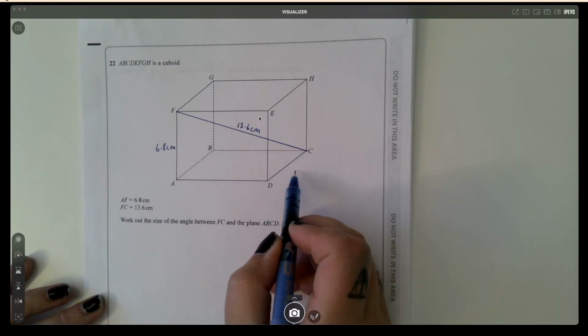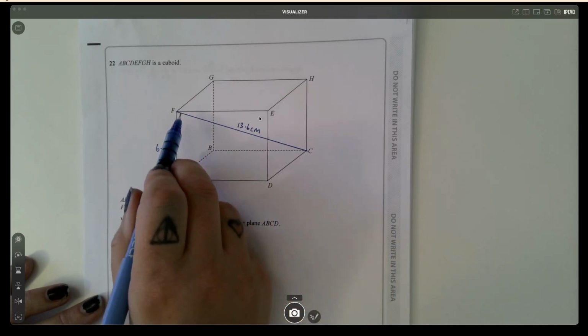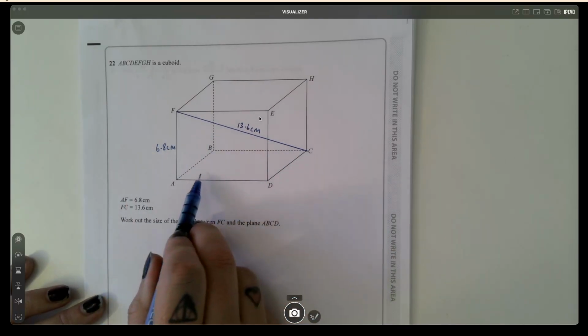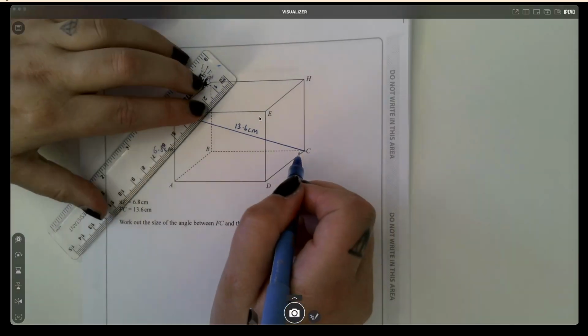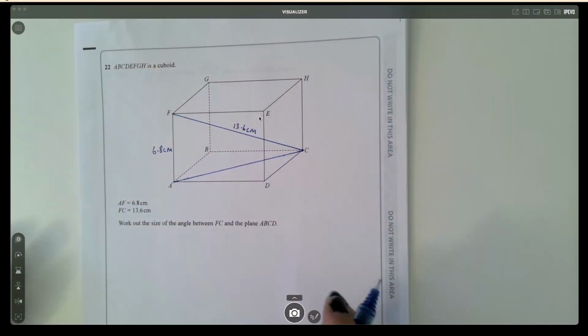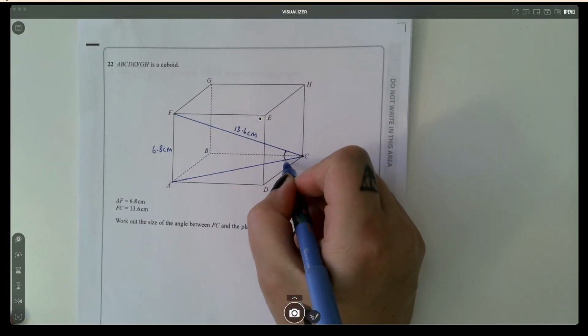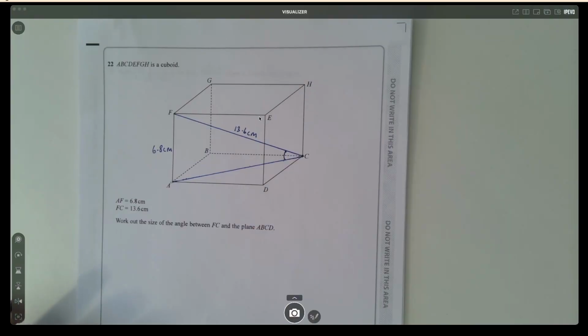So the plane ABCD is here, and they want the size of the angle that this line makes with this base. So what I'm going to do is draw the diagonal A to C, because that shows me where we would hit the plane. So it's this angle here that we're looking for.